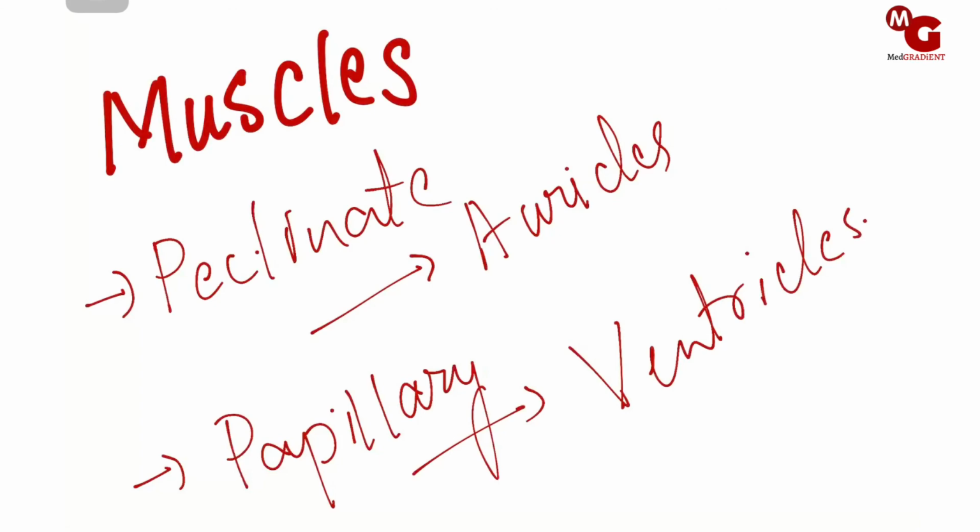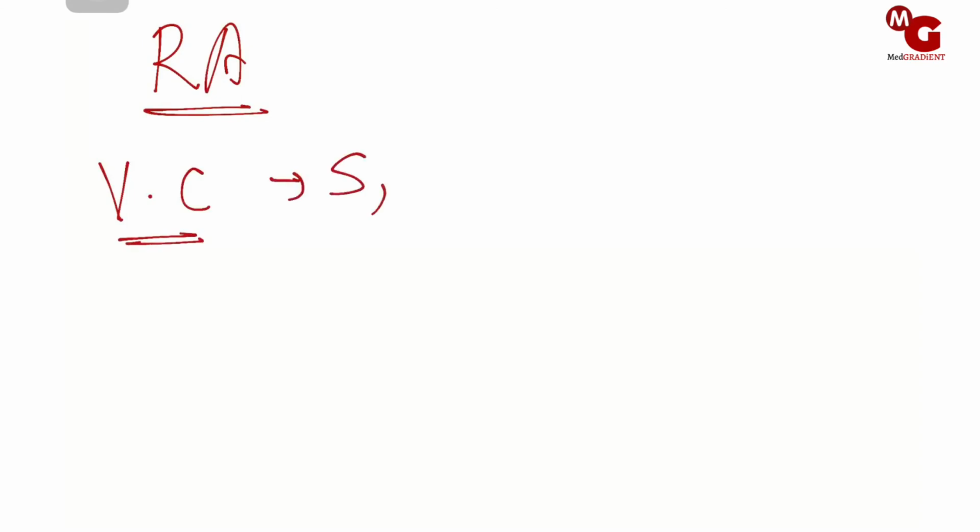Now after this, one last thing that you need to know is that in the right atrium, what comes in is the vena cava. We have the superior and inferior vena cava, and the opening of the coronary sinus.